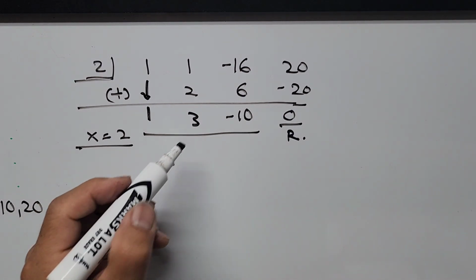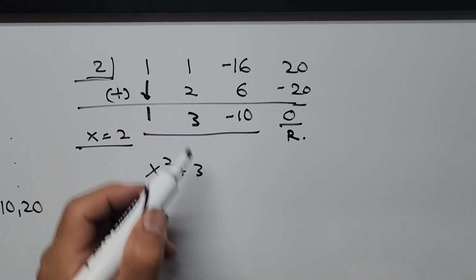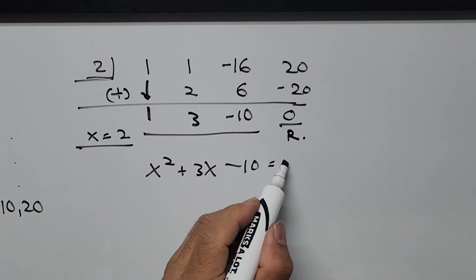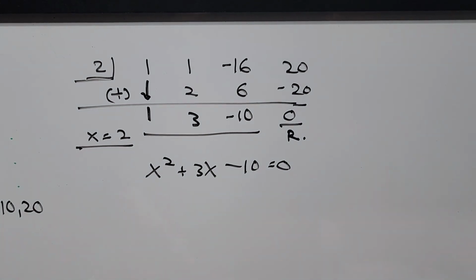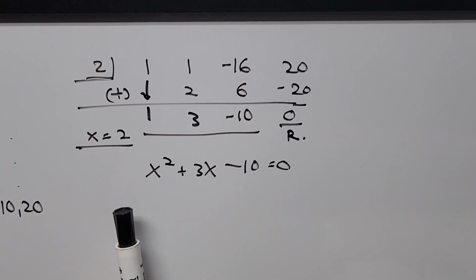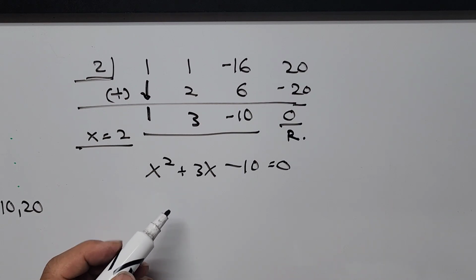So we have plus 3 coefficient of x, and then minus 10, and we equate this to 0. So we have here now a quadratic equation, so we can use factoring or quadratic formula to find the roots of x, right? So we have 2 roots of x over here since this is a quadratic equation.